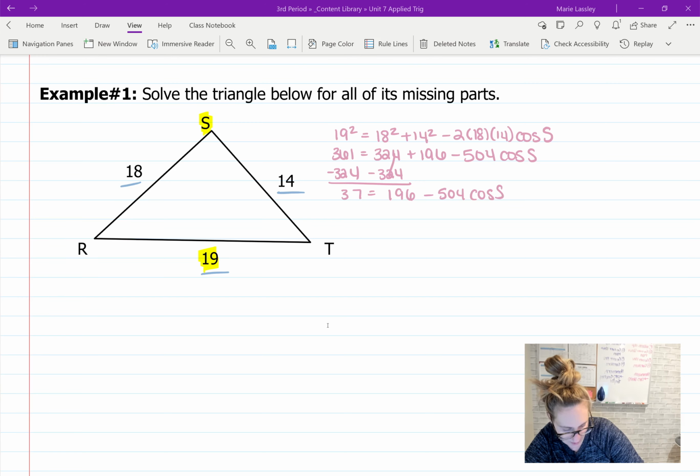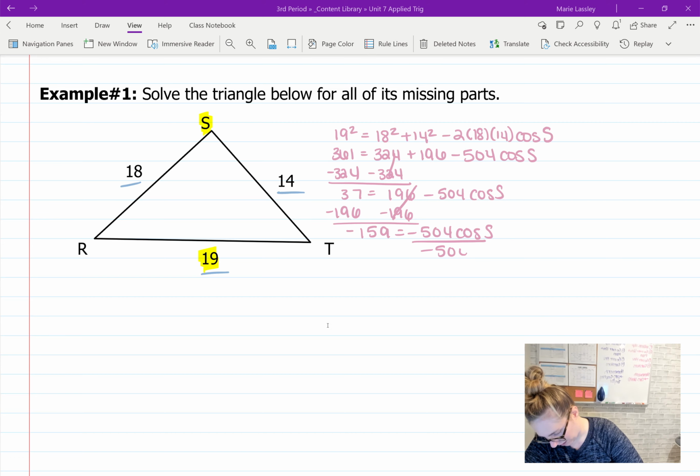Subtract 196. So 37 minus 196 is negative 159, which equals negative 504 cosine S. Divide both sides by negative 504.